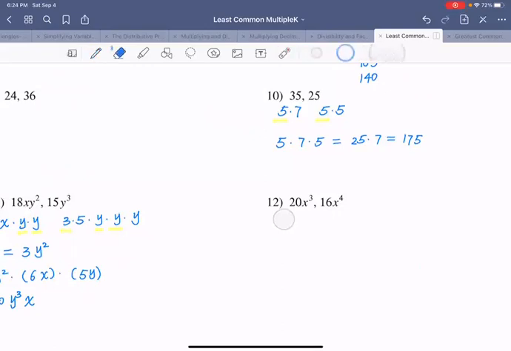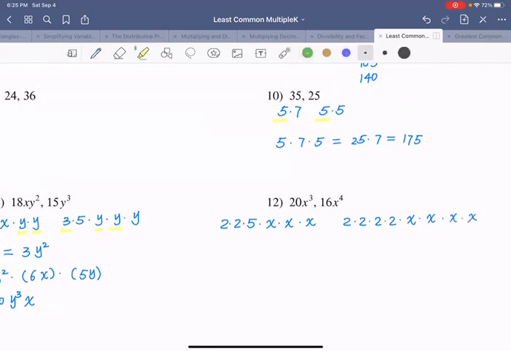One more step. 2 times 2 times 5. Good job. Times x times x times x. Okay, very good. Let's do the other one. 16 is 2 times 2 times 2 times 2. And times x times x times x times x.